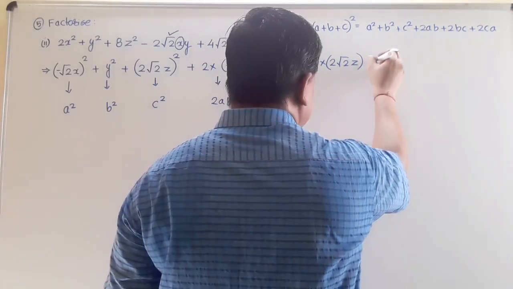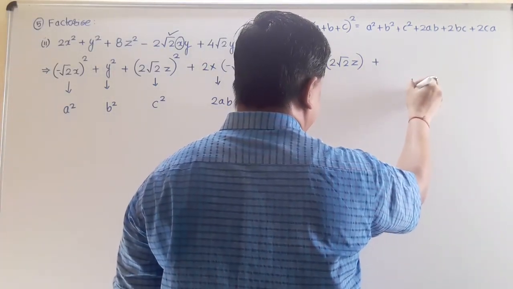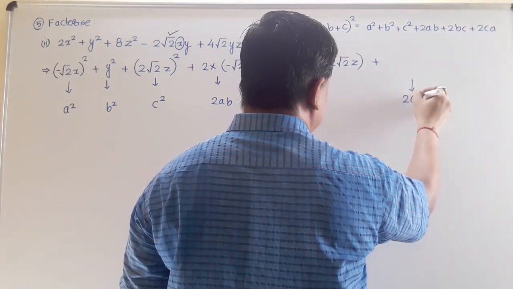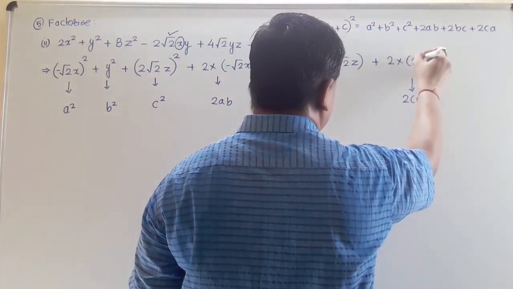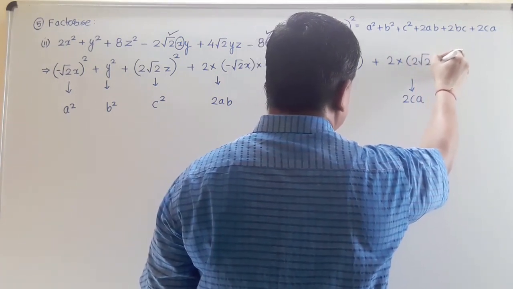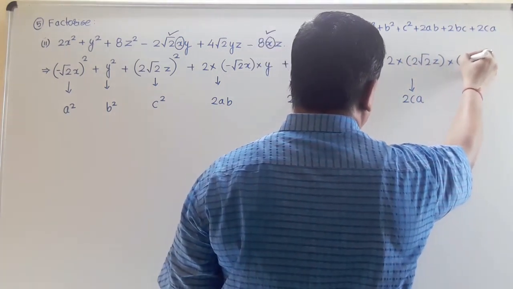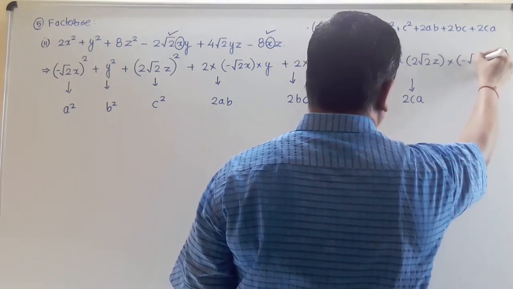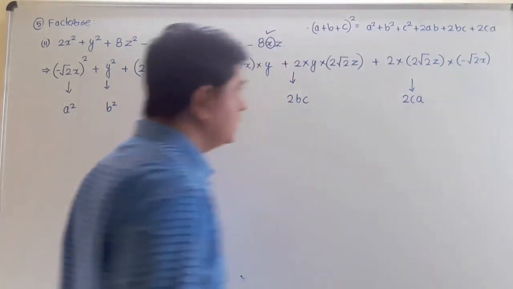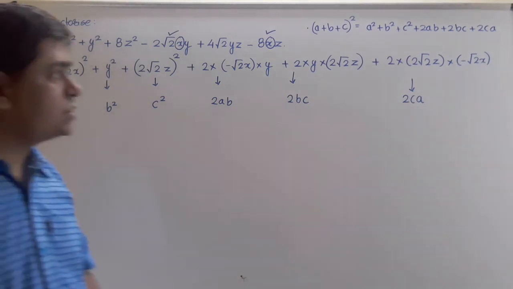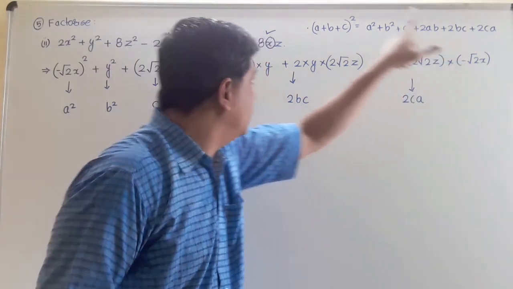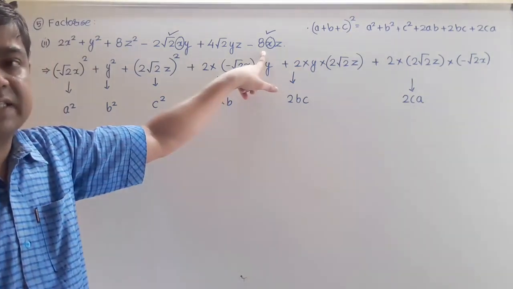Now last term we shall mention here, that will be of 2ca. So 2 into c value is 2 under root of 2 and then z, and a value will be equal to minus of under root of 2 into x. Now here it is a little difficult to judge whether 2ab is equal to minus 8xz or not.